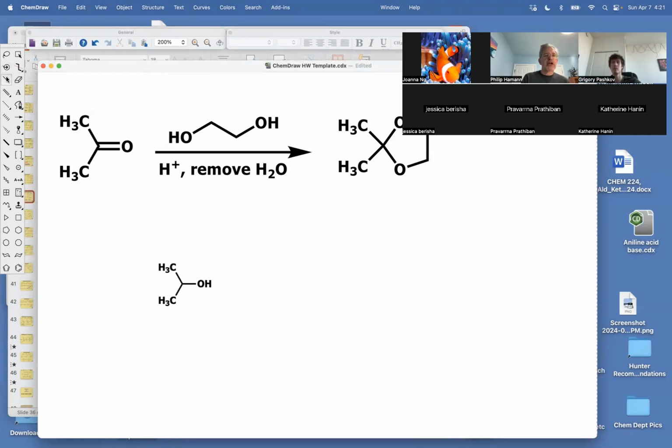Okay, the first step is just an alcohol finding a ketone. It's like that second OH isn't there. Oops, I left out an oxygen.